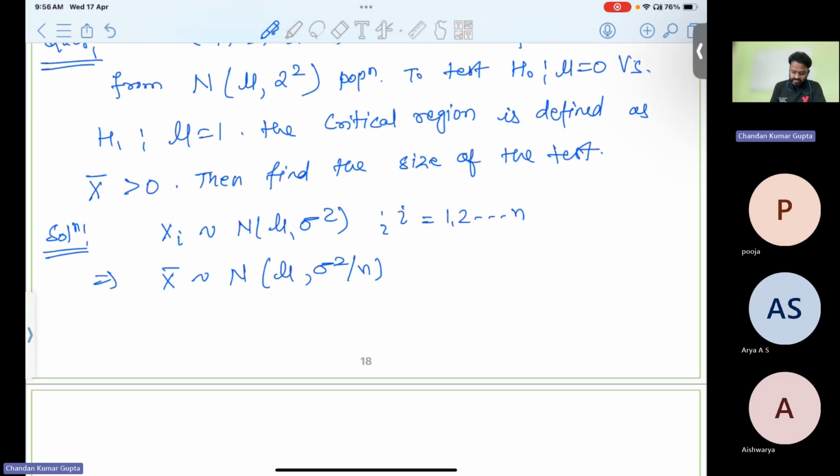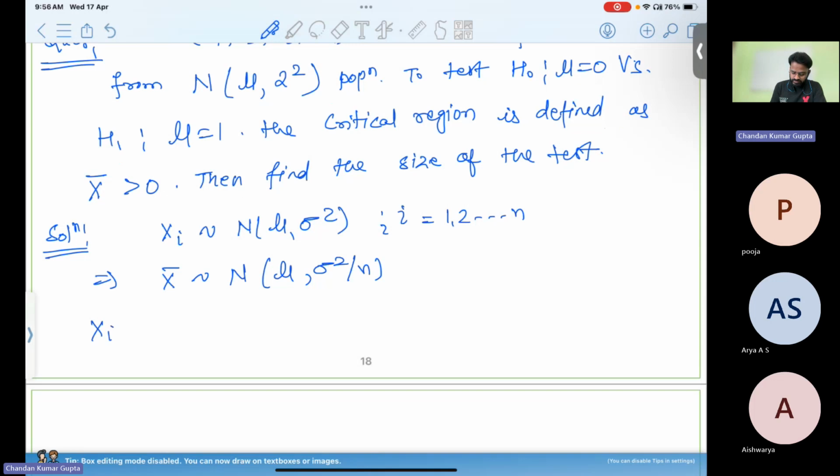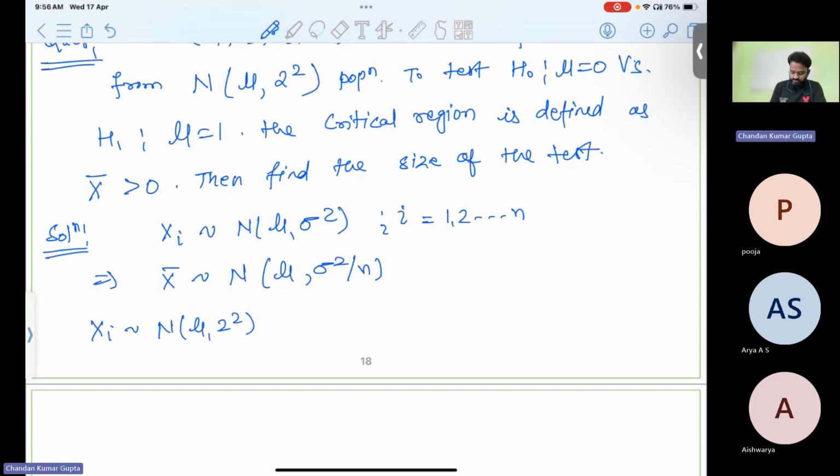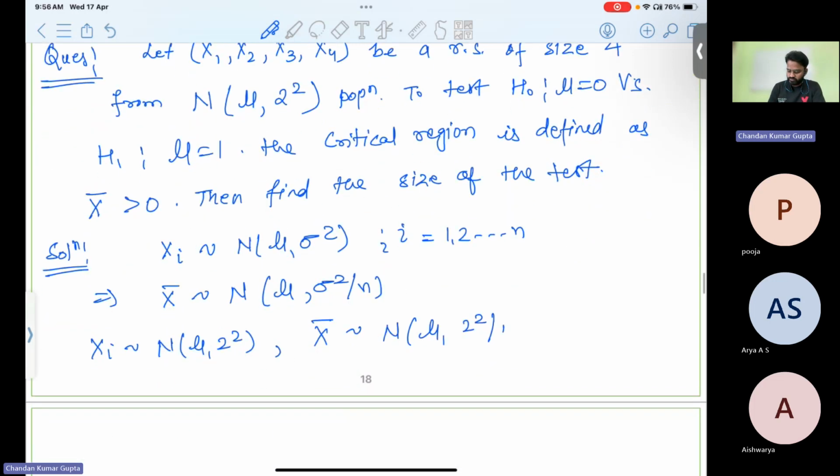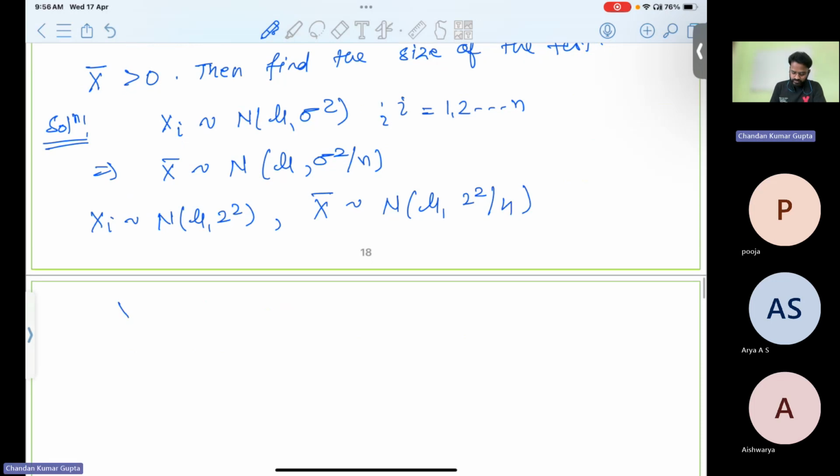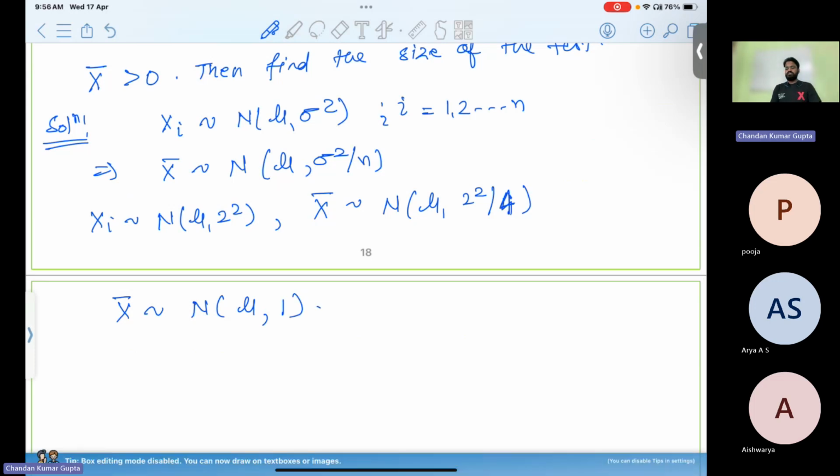So Xi follows normal mu and 2 square. This implies X bar follows normal mu, 2 square upon 4. So X bar follows a normal distribution with mean mu and variance 1. Okay, so it is given. Now the rest is simple.